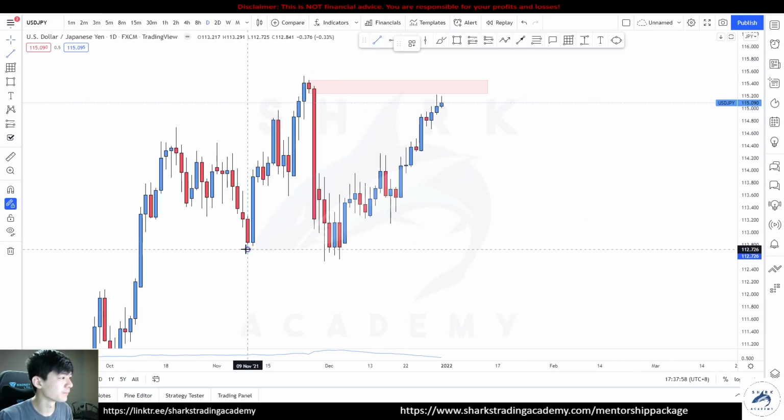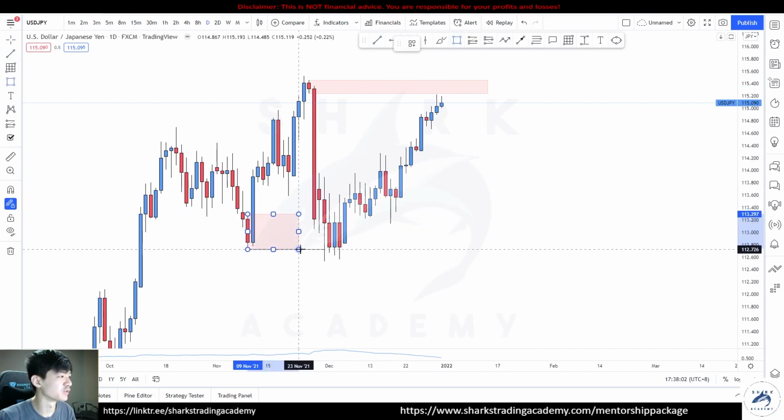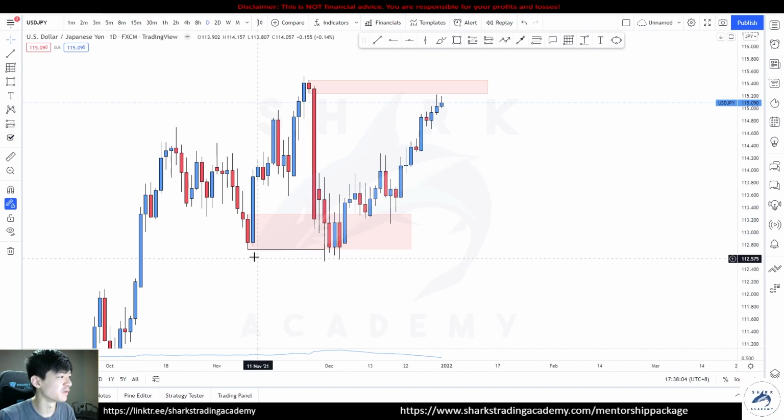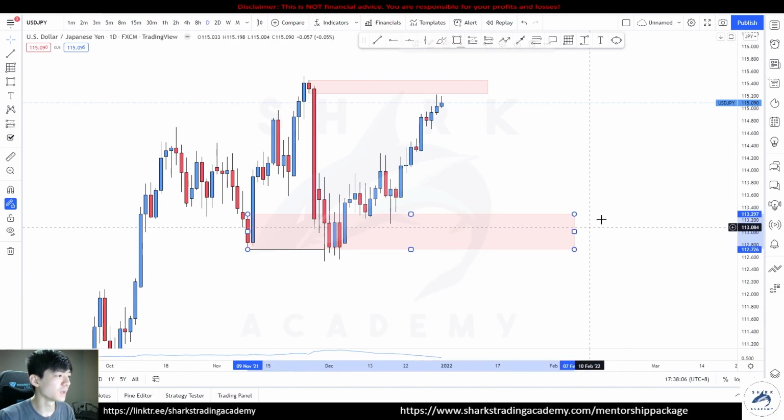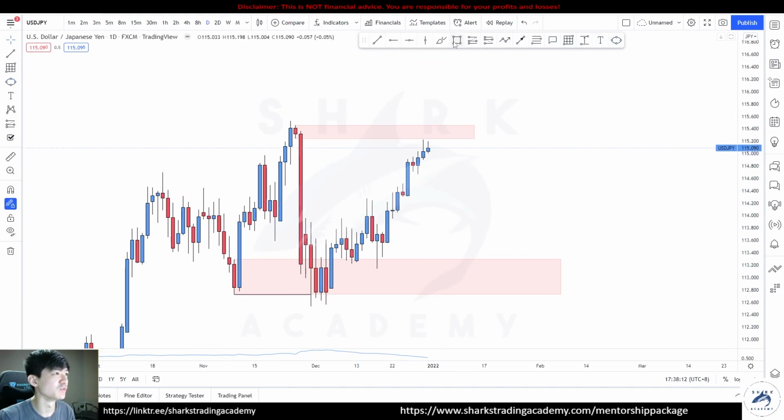Look at this, a wick out. So this may be a reaction, depends on what kind of trader you are, right? Because if I'm waiting for this demand to fail, I want a strong break. This is basically the reaction of the demand, right? And prices can still break higher, right?